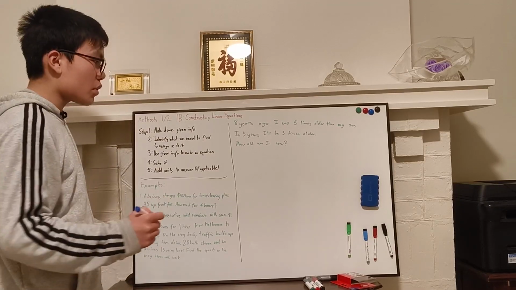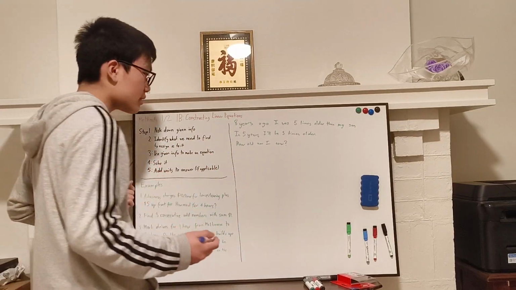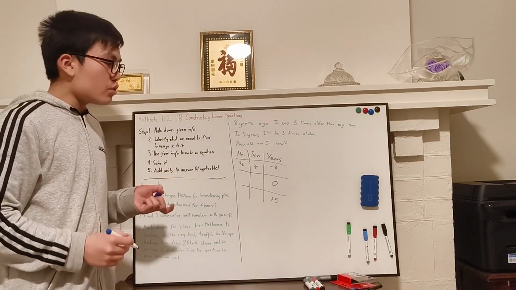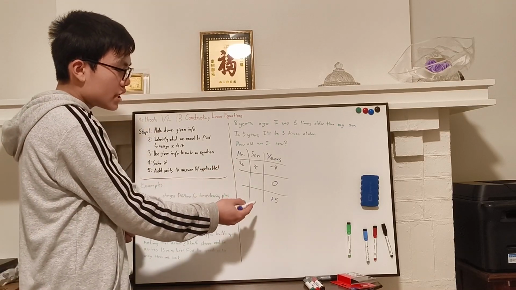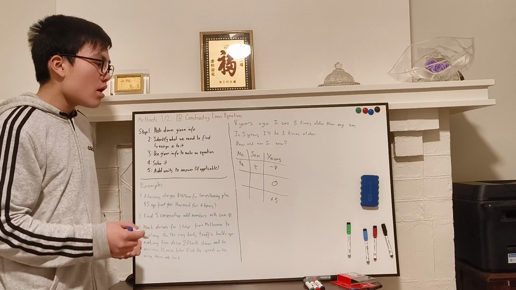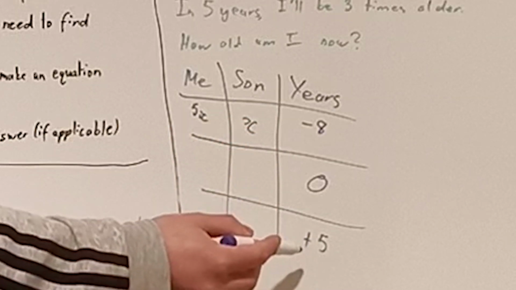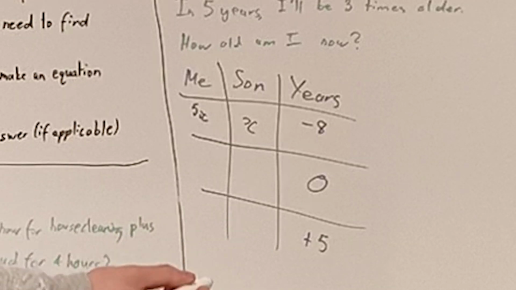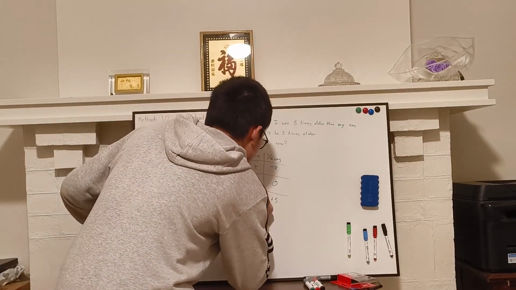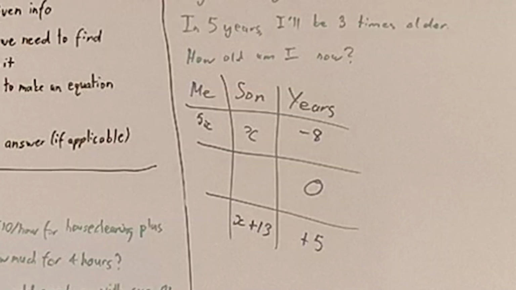What we're going to do is draw a little chart or a little table to help visualize this. So the son's age, it was x amount 8 years before, but since 13 years has passed from here to 5 years' time, the son is going to be x plus 13 years old.